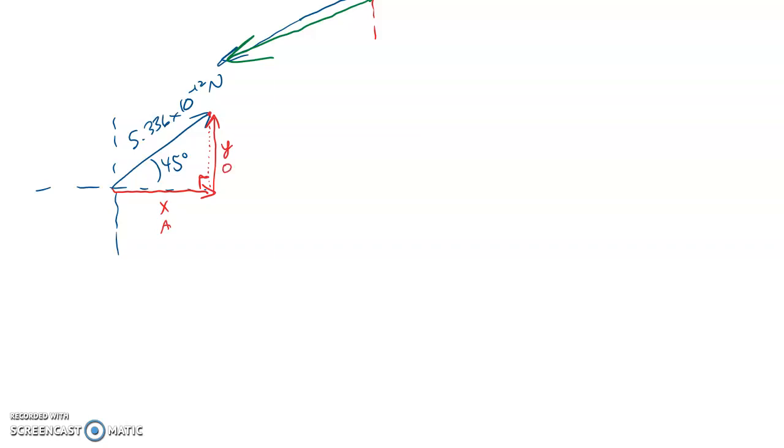So to find the x component, I'm going to use cosine. Cosine of 45 is equal to adjacent, which is x, over hypotenuse, which is 5.336 times 10 to the negative 12. And so x is equal to 5.336 times 10 to the negative 12 times the cosine of 45.